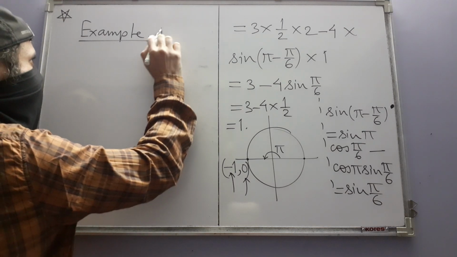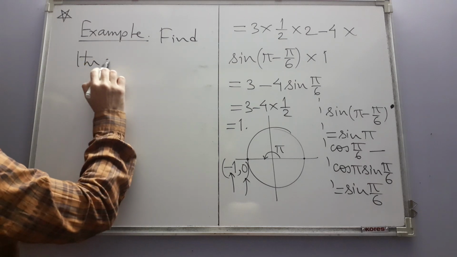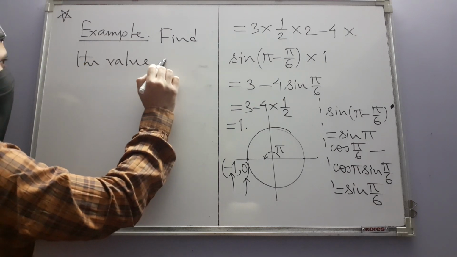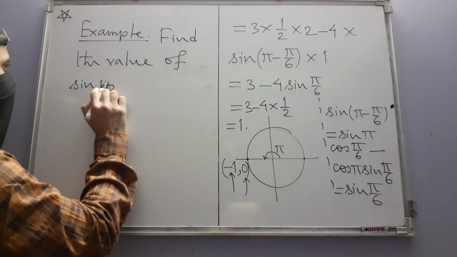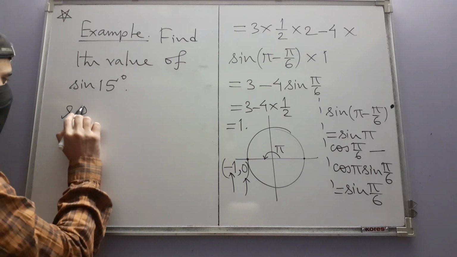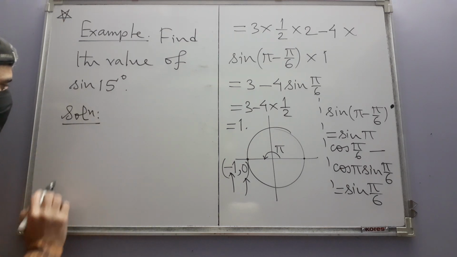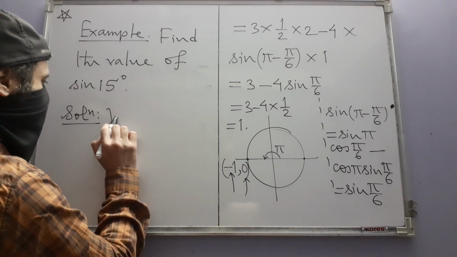Next, find the value of sine 15 degree. 15 degree is not a known angle, but we can still find the value by using our identities.